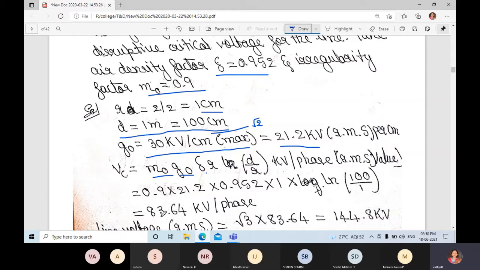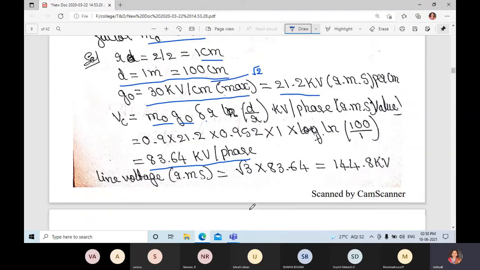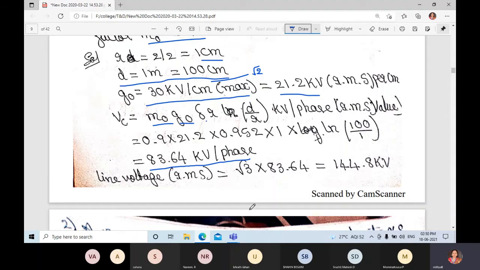After calculating, you will get 83.64 kilovolt per phase. This is the VC, critical disruptive voltage. And next, for line voltage in RMS, multiply by square root of 3. 83.64 times square root of 3, you will get 144.8 kilovolt.